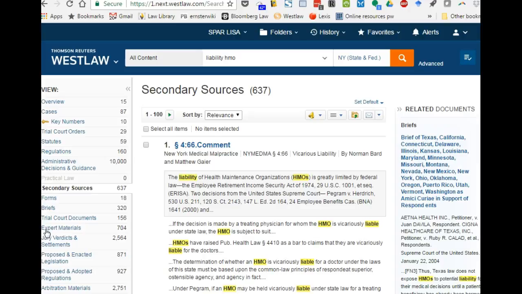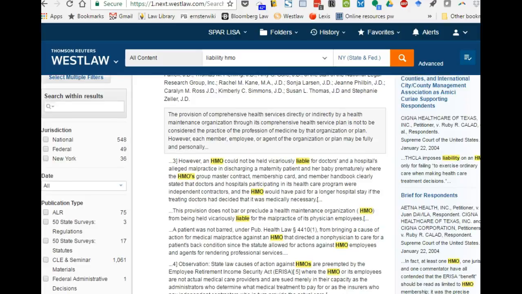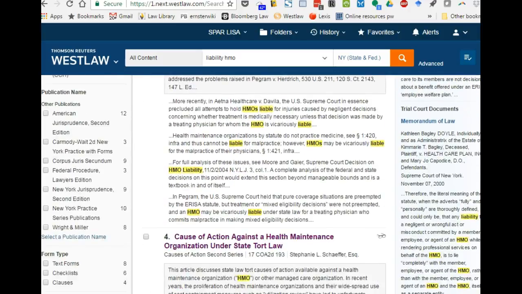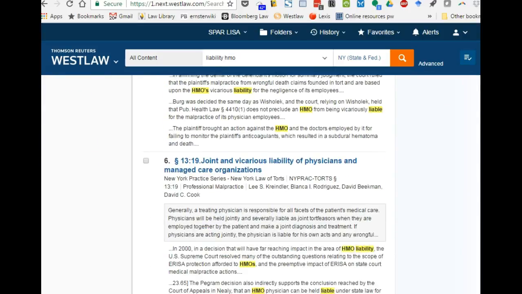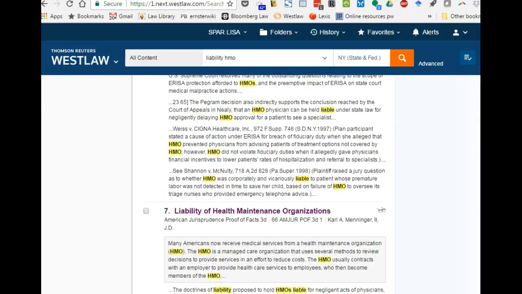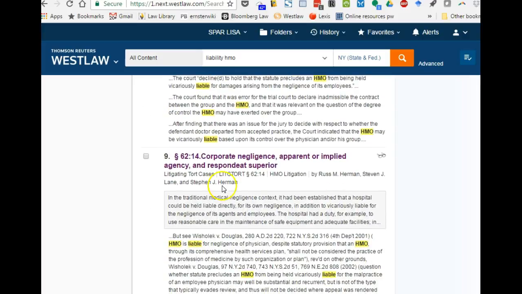So we limited to texts and treatises if we know that's what we want, perhaps later on in our process. So here we have, and I chose this one because I know it's a loose leaf and a treatise.